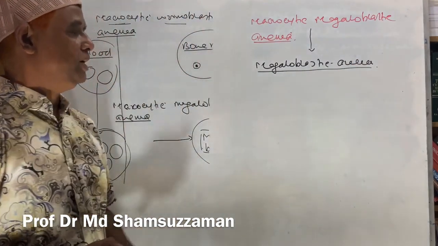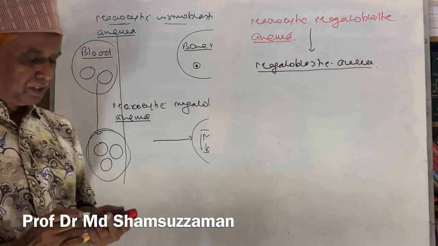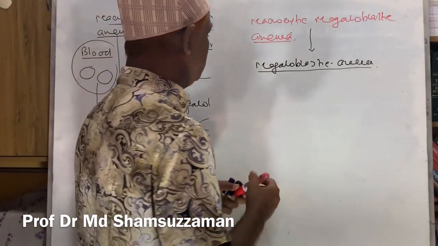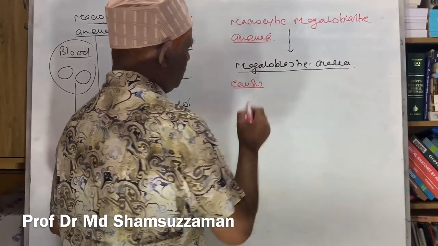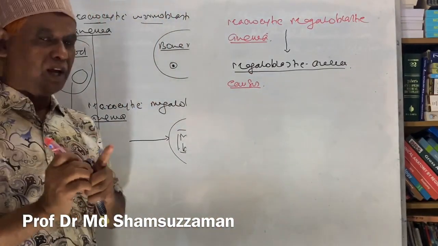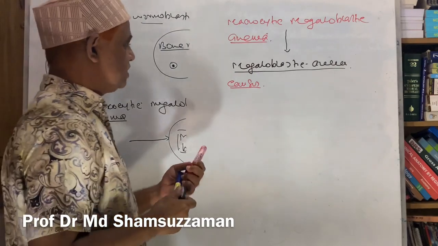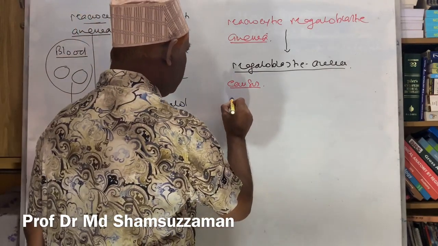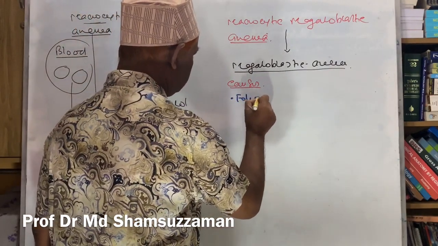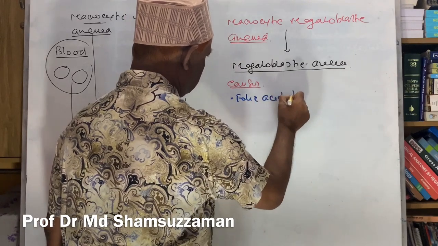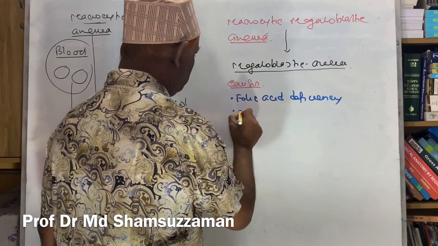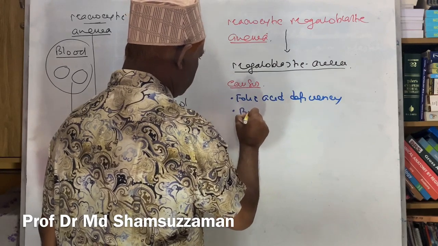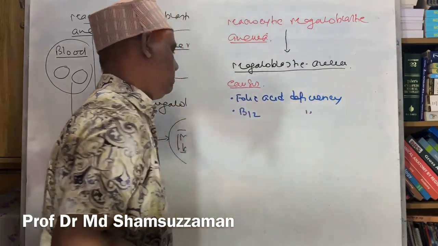What are the causes of megaloblastic anemia first? Now we are talking about the causes of megaloblastic anemia only. The causes are folic acid deficiency and vitamin B12 deficiency.